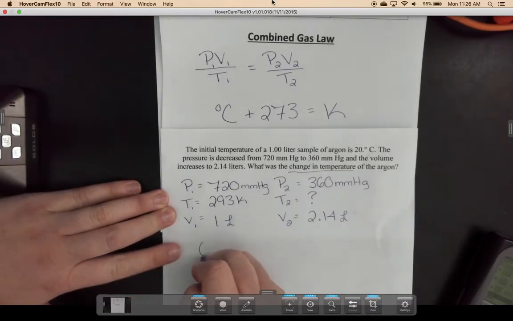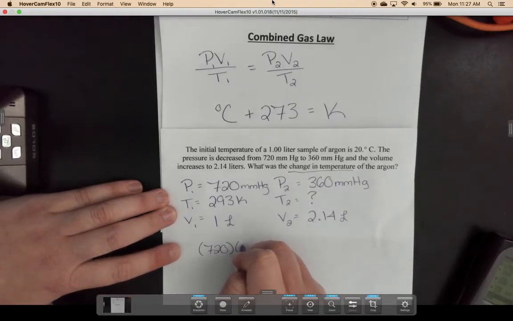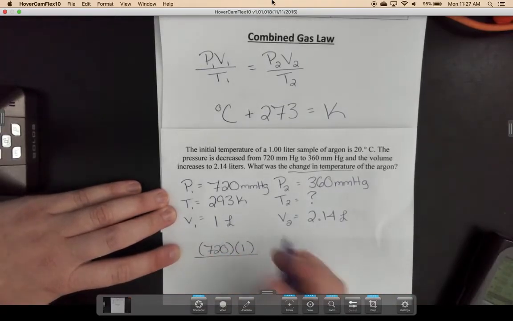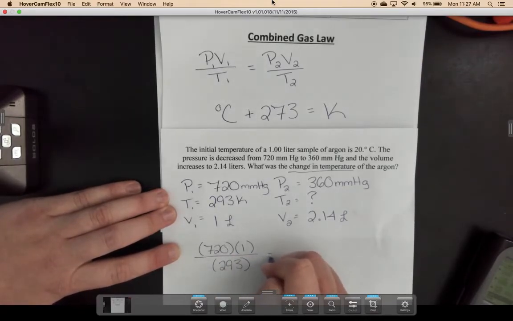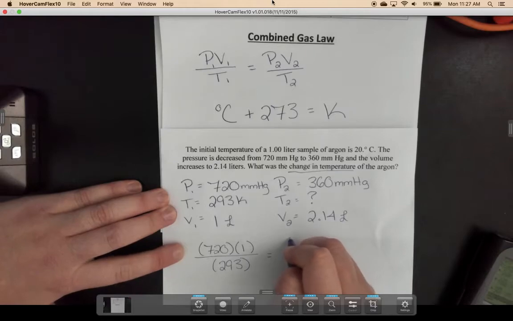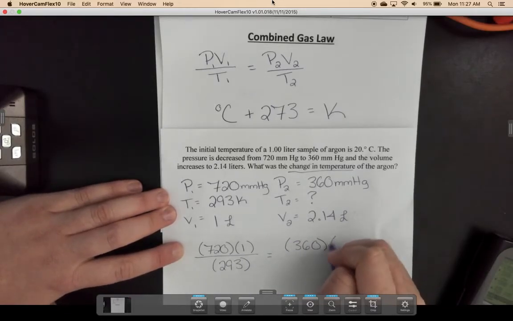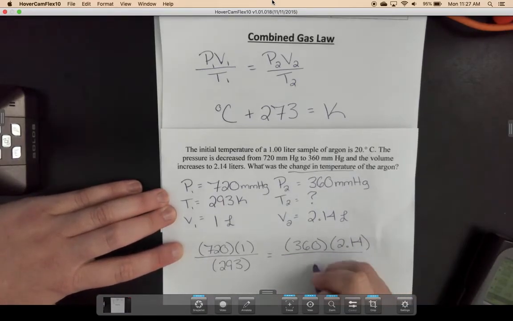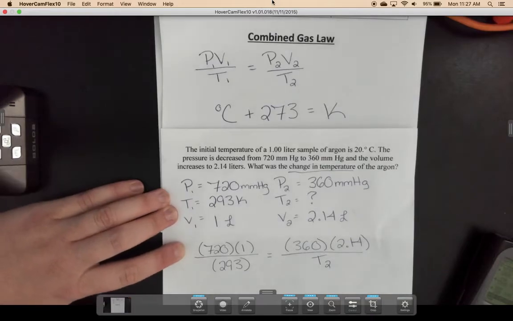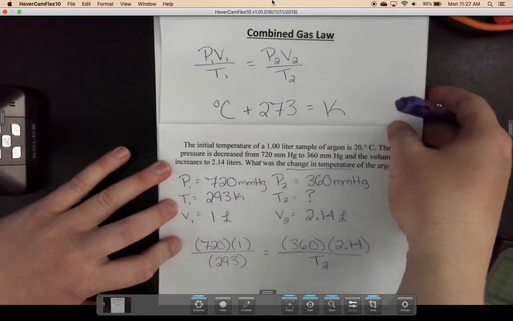So I have 720 times 1 over 293 equals 360 times 2.14 divided by T2. So I'm going to walk you through a little bit of this algebra.